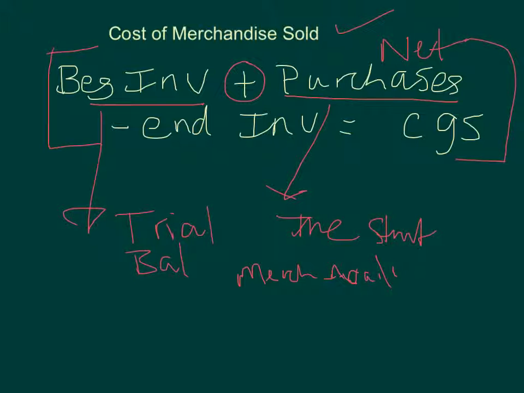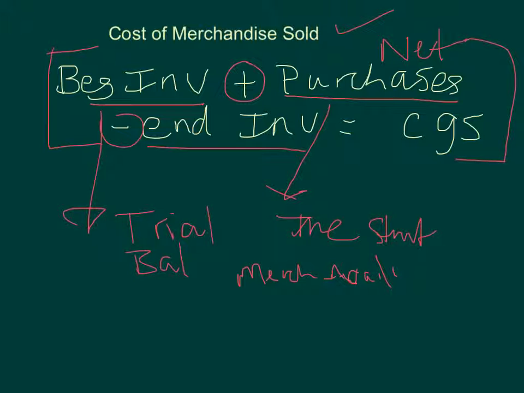And the last part of the calculation is to subtract your ending inventory. You could also subtract cost of goods sold if you needed to determine your ending inventory. So, beginning inventory plus purchases minus your ending inventory.